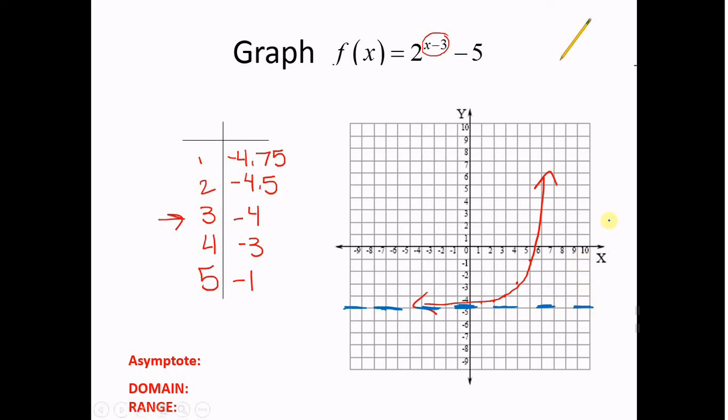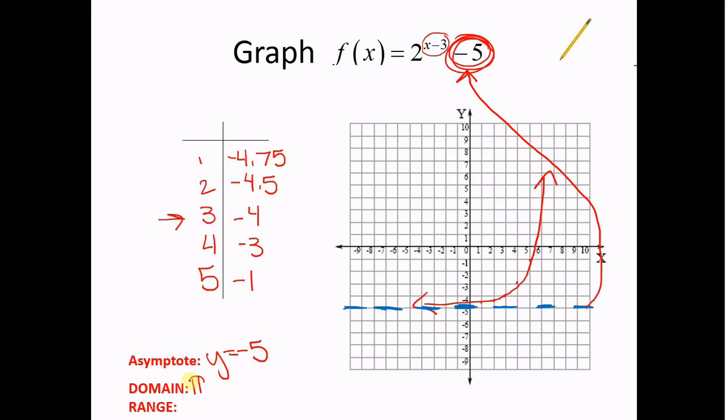Marvelous. Now, here is an easy way to know where your asymptote is going to be. Notice how there's a -5 right there. That is how you know where your asymptote is going to be. It's either going to be your vertical shift or 0. So watch for your shifting, see how it moved. So my asymptote is y equals -5.